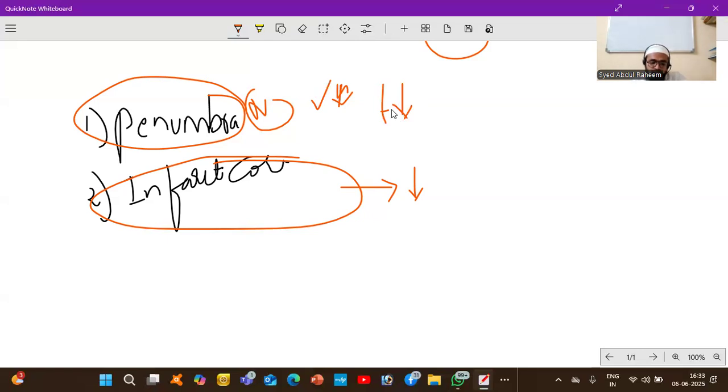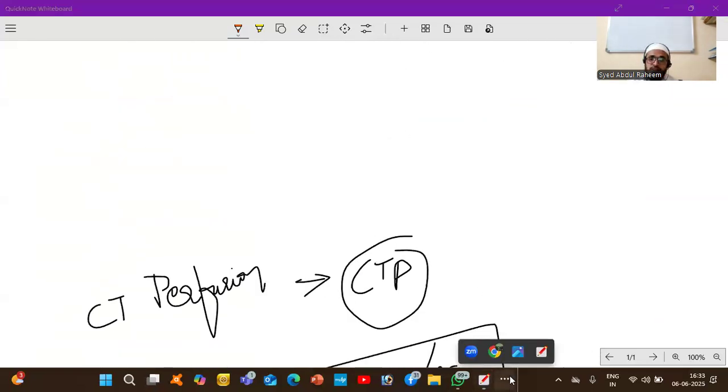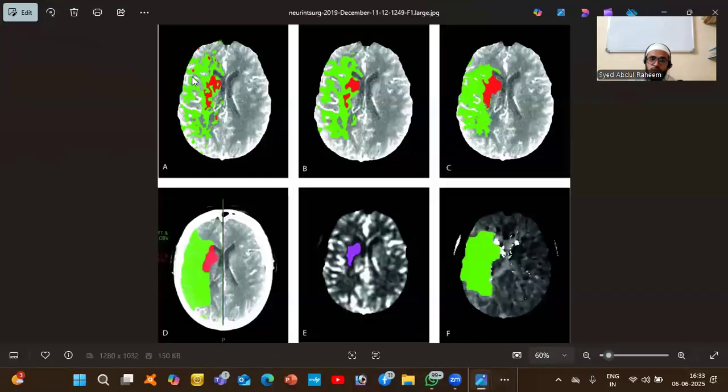This is what you have to see in CT perfusion. This image shows those things. Which part is damaged? You can see this is the infarct core, and this area has red dots. The other parts have collateral blood flow and blood volume.